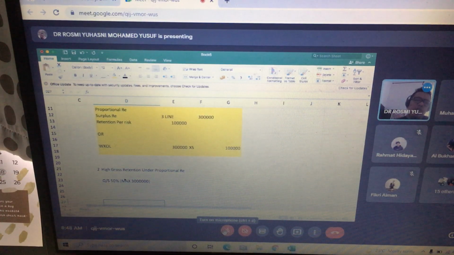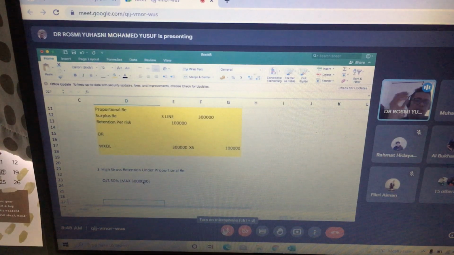How much transferred to the reinsurer? RM1,500,000 ya. So 1.5 million, meaning that 50% is retained by the insurer, and the balance 50% goes to the reinsurer. So 50-50 lah. So pembahagian tu adalah berdasarkan 3 million.